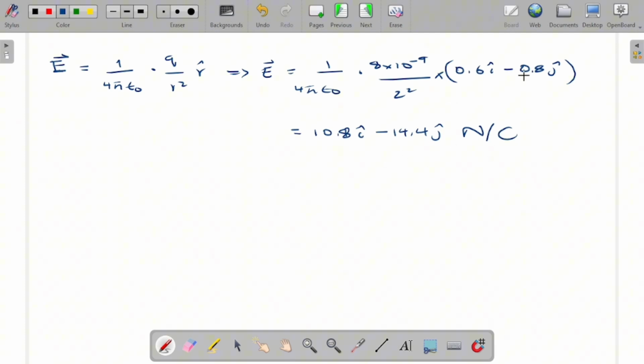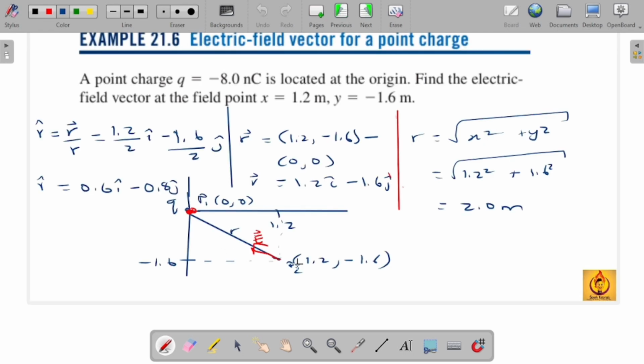Guys, do you all agree? Does our answer make sense? Let's go back to our diagram just to check that it really makes sense. The electric field is in this direction, right?